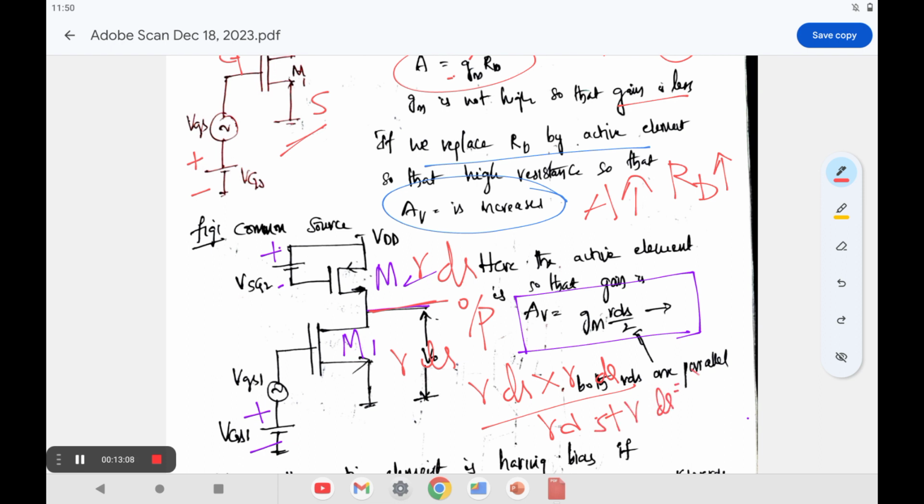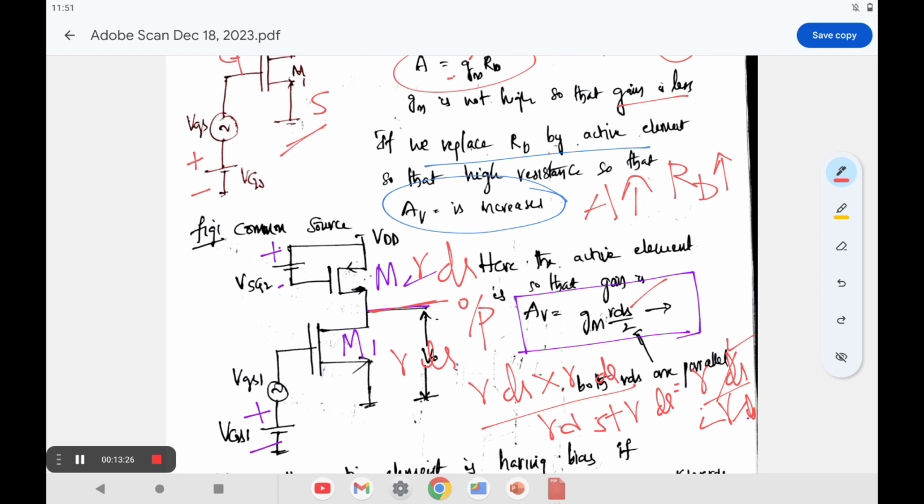That gives RDS squared by 2 RDS. These two get cancelled and you get RDS by 2.